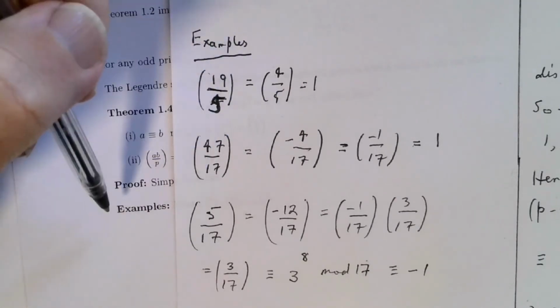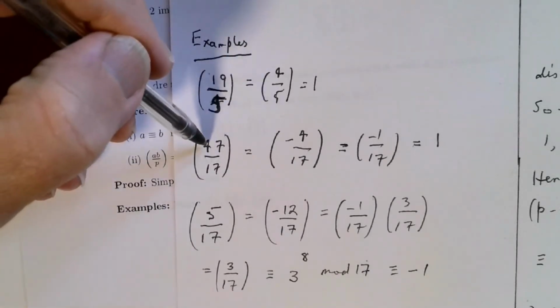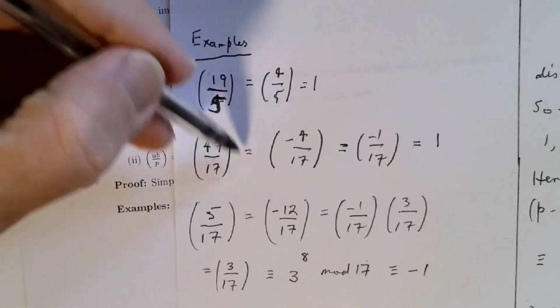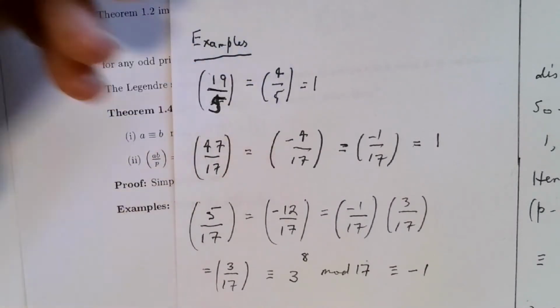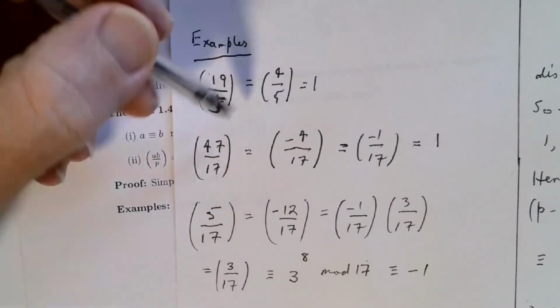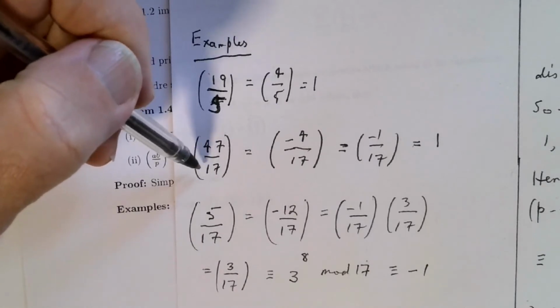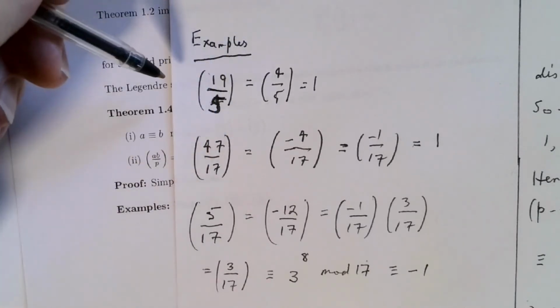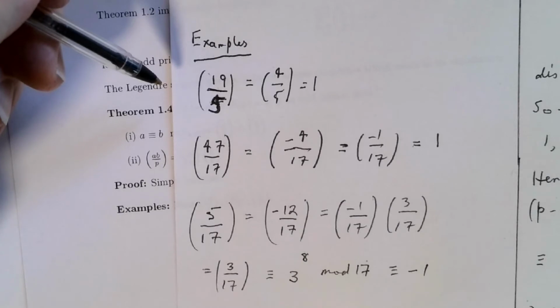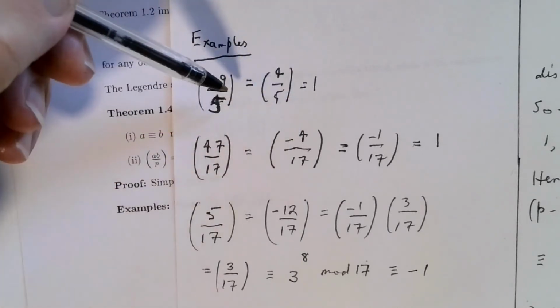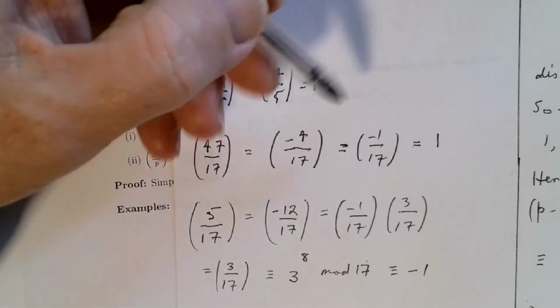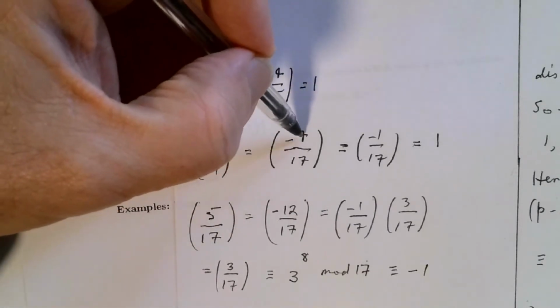47 over 17. Again, I can replace this. I can subtract off a few multiples of 17, in fact 3 times, and I land at minus 4. Now, minus 4 is minus 1 times 4.